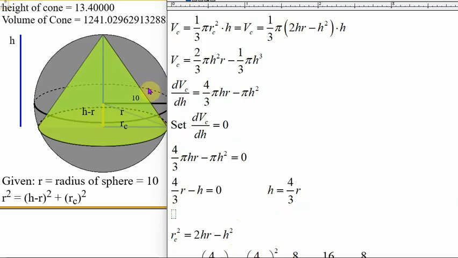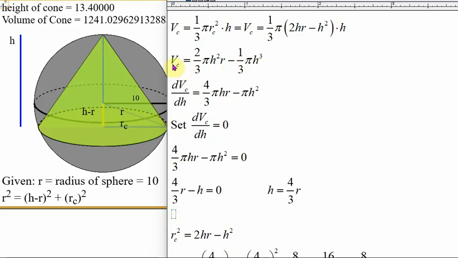And our objective here is to find the height such that the volume of the cone is maximized. And so what we can do here is take the derivative of v sub c, of the volume of the cone, with respect to h.